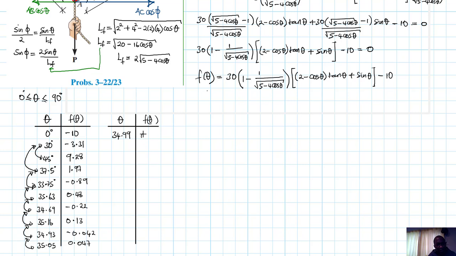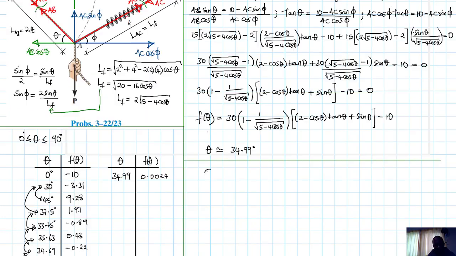All right, this one seems better. 0.00224. That's 1, 2, 3. Okay, this is better. So we are going to go with this one. So theta therefore is approximately equal to 34.99 degrees.